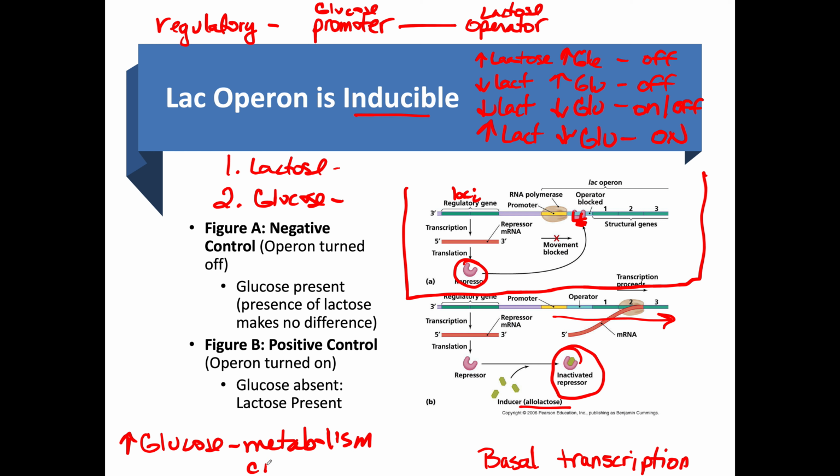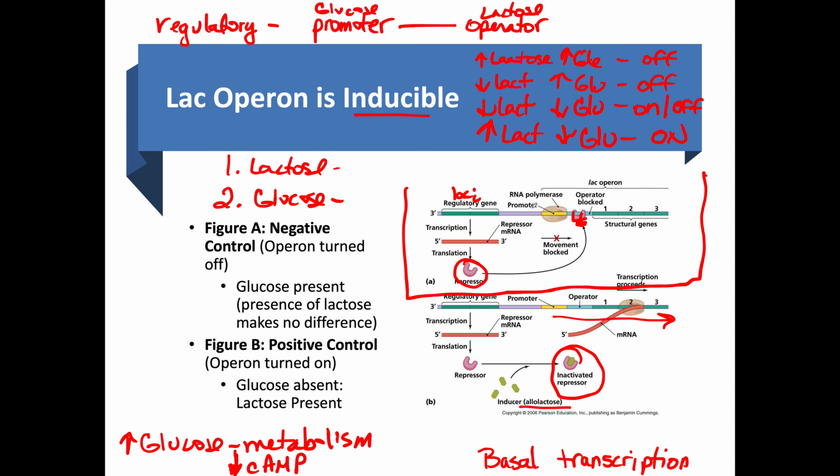Most students have heard of this in your anatomy course. Cyclic adenosine monophosphate, or cyclic AMP, we call it cAMP. cAMP is used during glucose metabolism. So this means that cAMP concentrations are going to be very low during glucose metabolism.